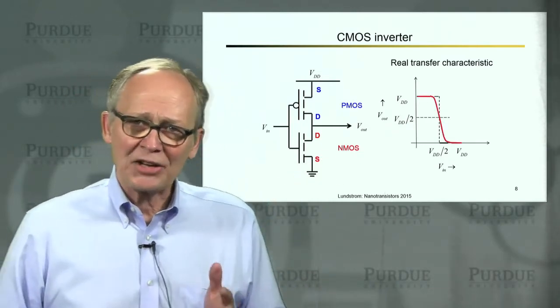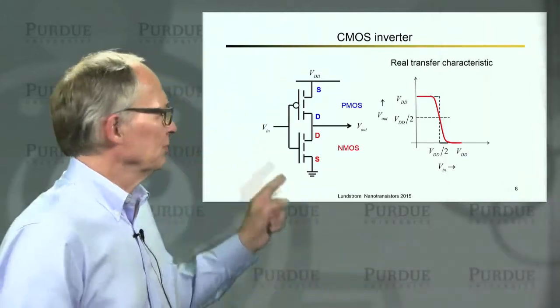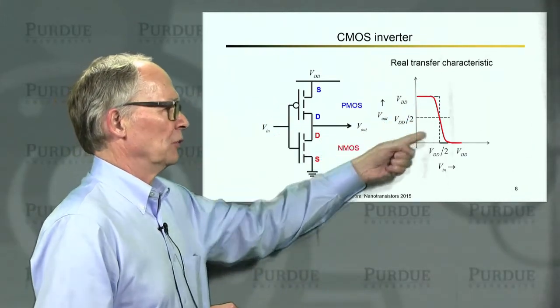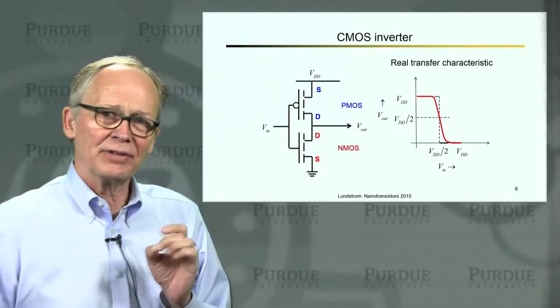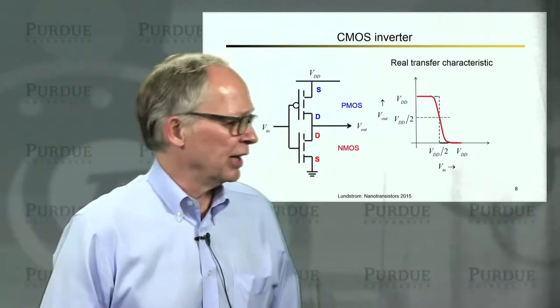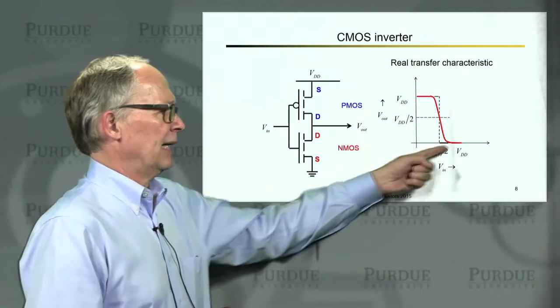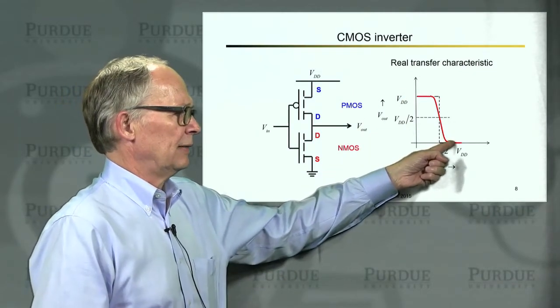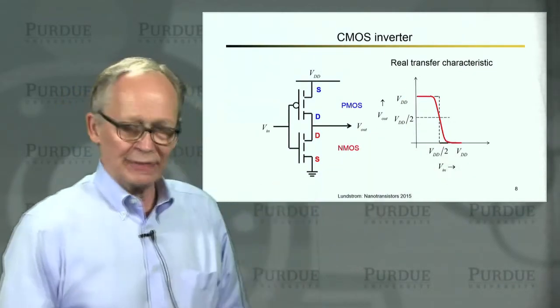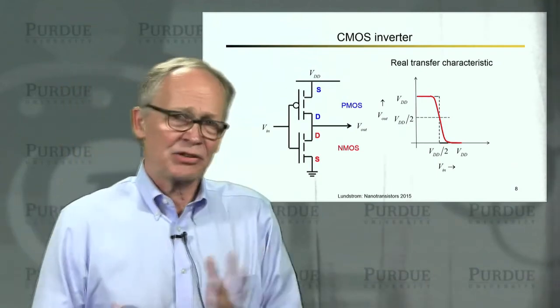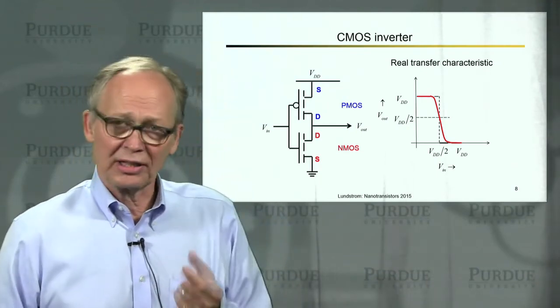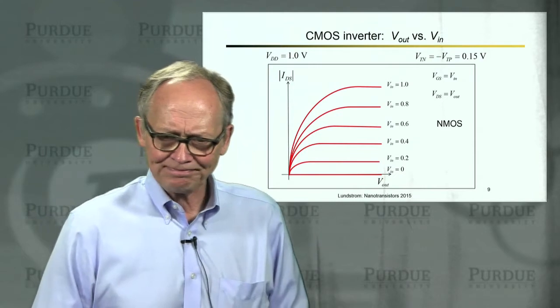If you plot an actual transfer characteristic, it won't abruptly switch from high to low. It'll do so hopefully very sharply over a narrow input range of voltage. So low voltages, we get a high output. High input voltages give us a low output voltage. And the transition between high and low occurs at a very sharp window range.